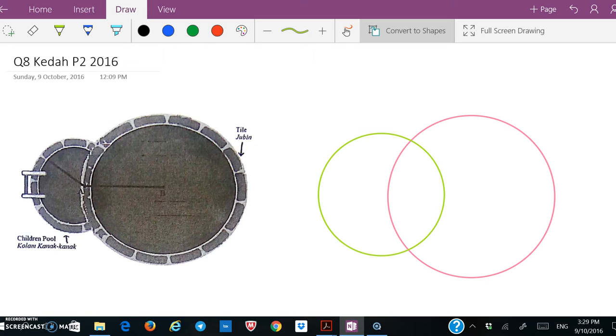I'm trying to point out to you here that the center A connected to center B gives you the length of 6, and also from B connected to the circumference, I put it C, and another length here from A to C. It's 2 meter, 6 meter, and this is also 6 meter.